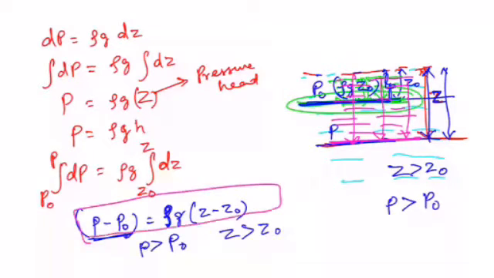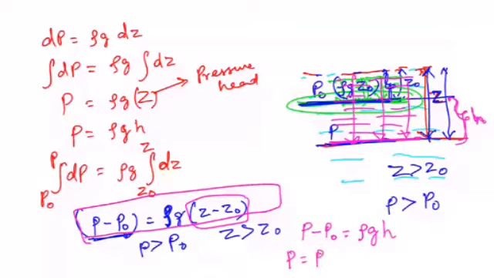Then this equation I can further write: p minus p0 is equal to rho g into z minus z0. I'll specify z minus z0 as h. Then I can write p is equal to p0 plus rho g h. What does this mean?